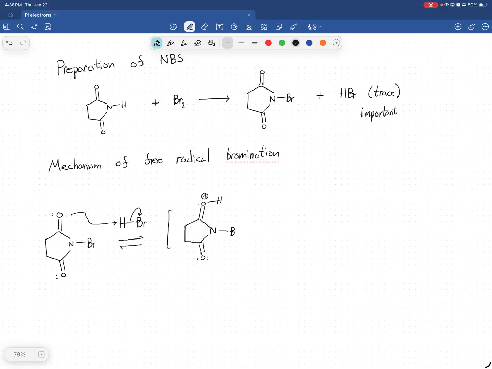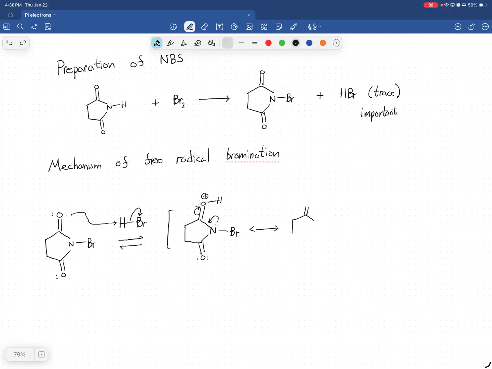So we still have a Br there. Okay. So it's better if we just draw a resonance structure here. So now the nitrogen has the positive charge. Because nitrogen has a better, remember nitrogen is less electronegative. It prefers the positive charge better than oxygen. So let's just write it this way. This is the better resonance structure for nitrogen.